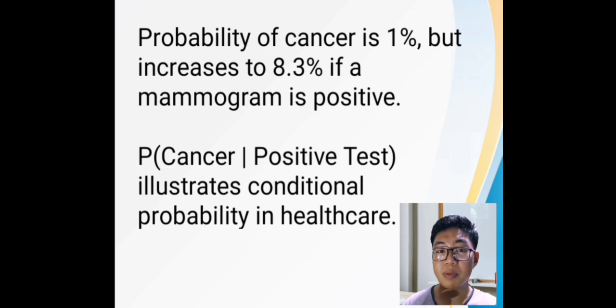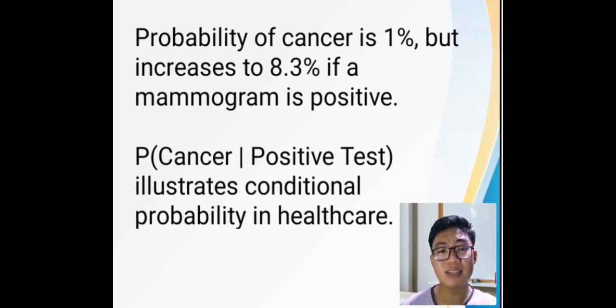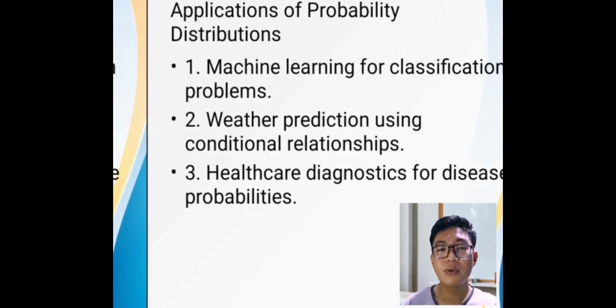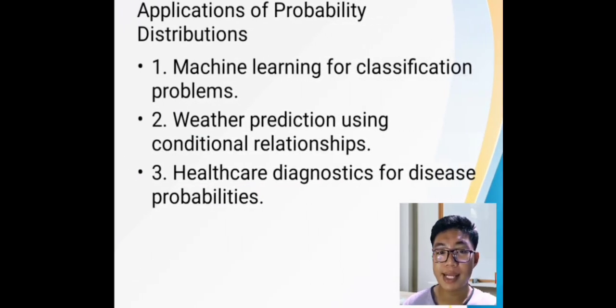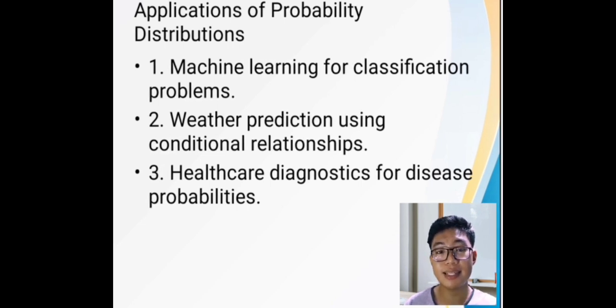For example, the probability of breast cancer increases from 1% to 8.3% if a mammogram is positive. This shows how testing influences probabilities. These concepts are applied widely in machine learning to classify data, in weather forecasting to predict conditions, and in healthcare to diagnose diseases effectively.